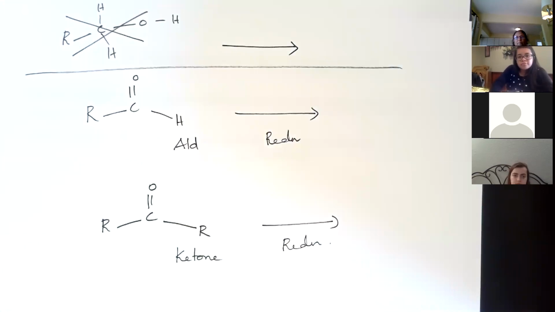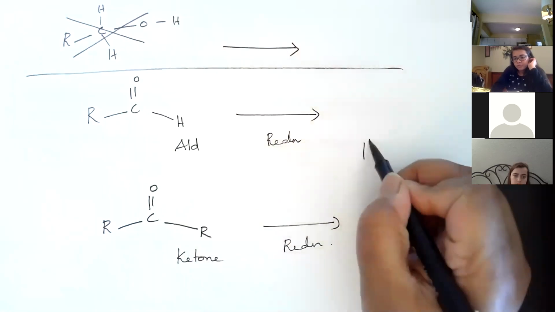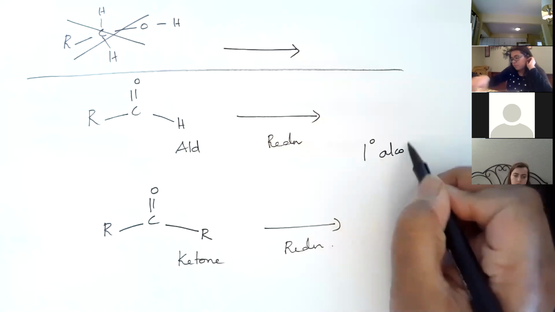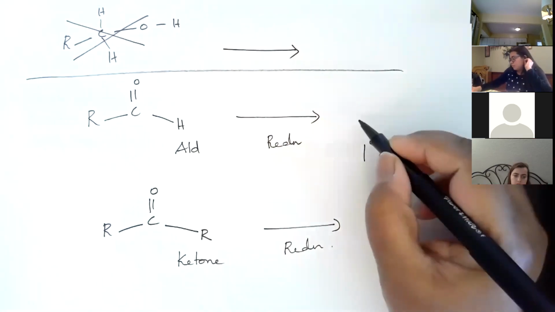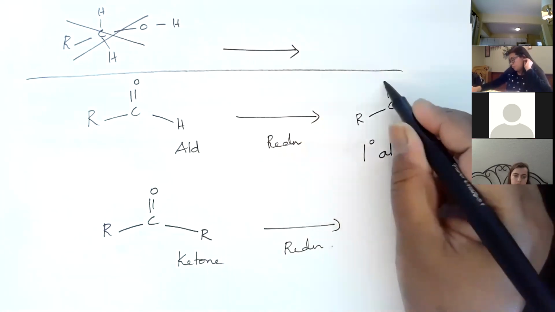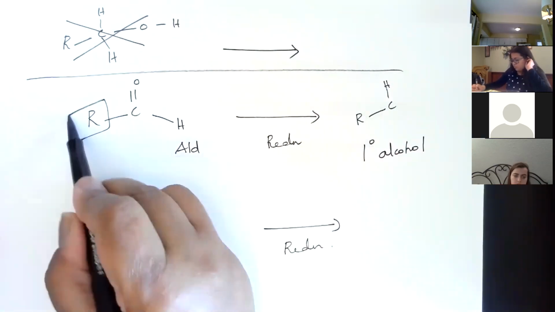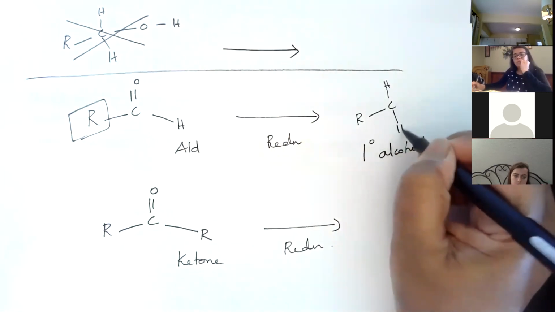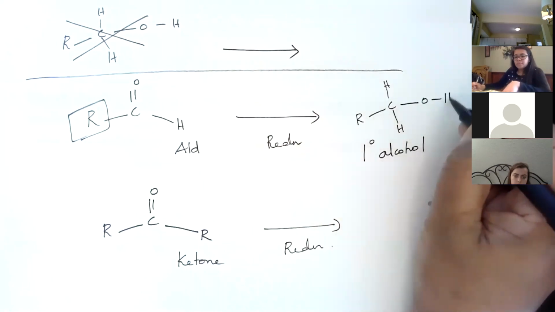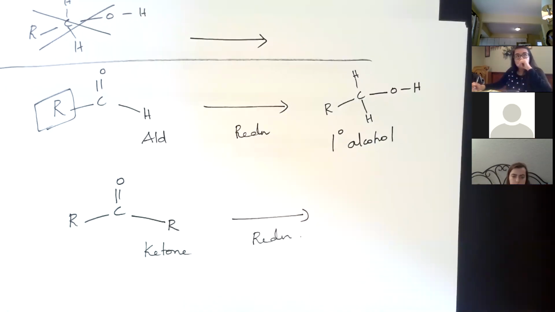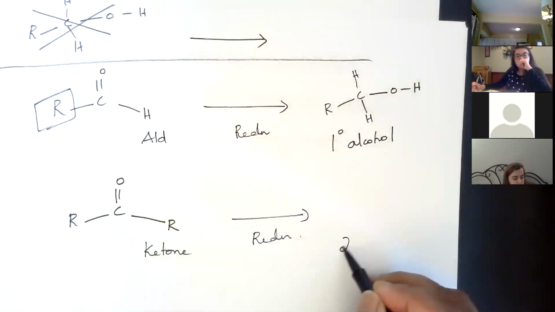Jamie? Is anybody typing anything? What is the aldehyde reduced to? Primary alcohol. You have only one R group. See that? And this one would be secondary.